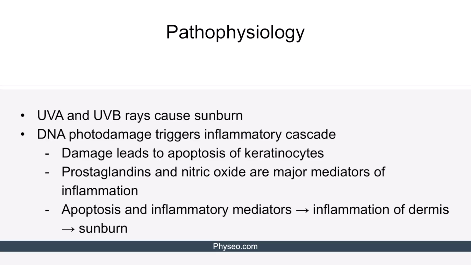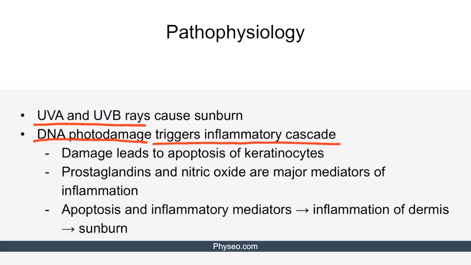So as I already mentioned, sunburns result from rays from the sun that carry ultraviolet radiation. And specifically, it's ultraviolet A and ultraviolet B rays. And these ultraviolet rays cause DNA photo damage, and within the skin that it penetrates, it triggers the inflammatory cascade. So this DNA damage results in apoptosis of keratinocytes, which are in the epidermis.